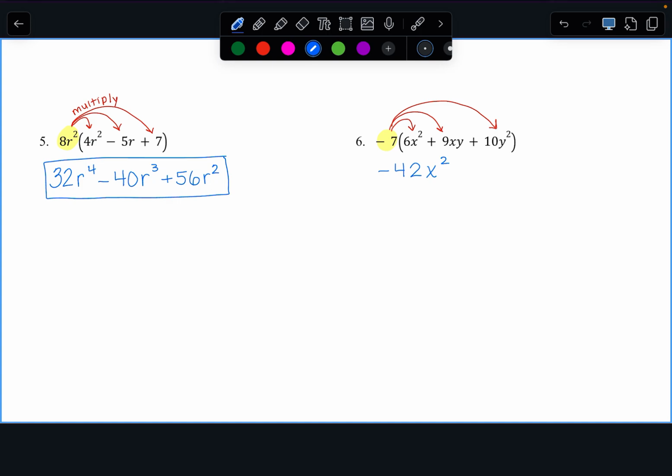Negative 7 times a positive 9xy, negative 63, and then the xy stays there. And then negative 7 times a positive 10y to the second is negative 70y to the second.